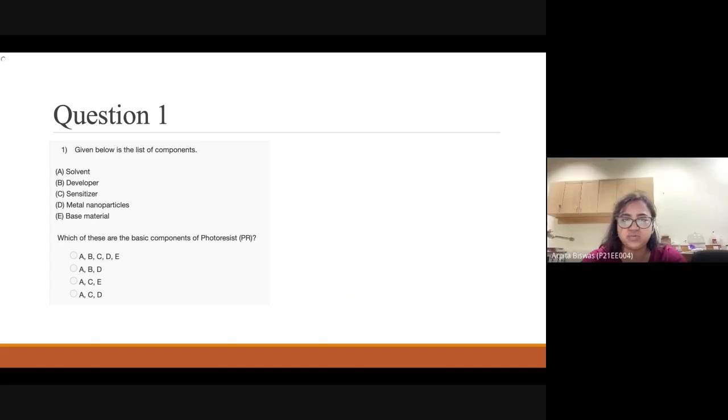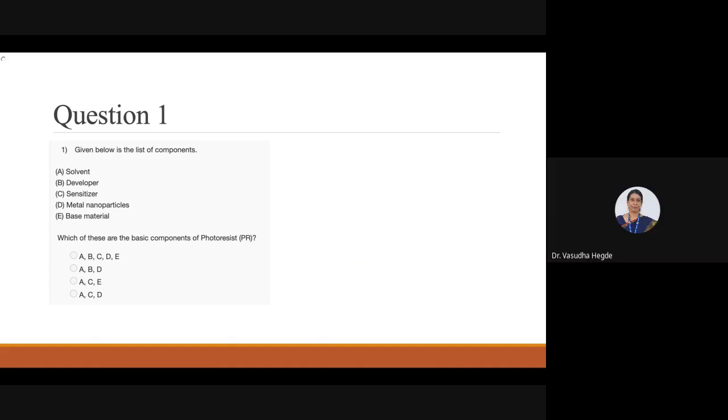Okay, so is this a basic component of photoresist? It is not for photoresist, it removes it. So B shouldn't be there, right? Then I think it's the first option. No, the first option has B. But then the options are like solvent, developer, metal nanoparticles.